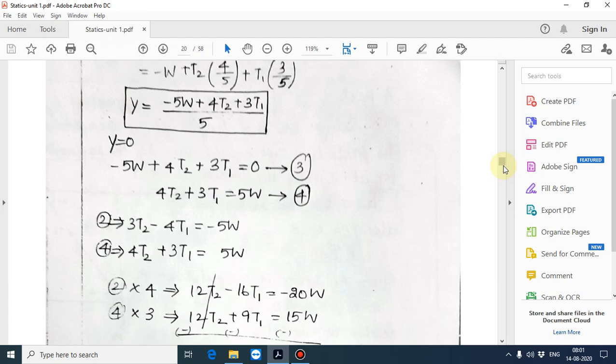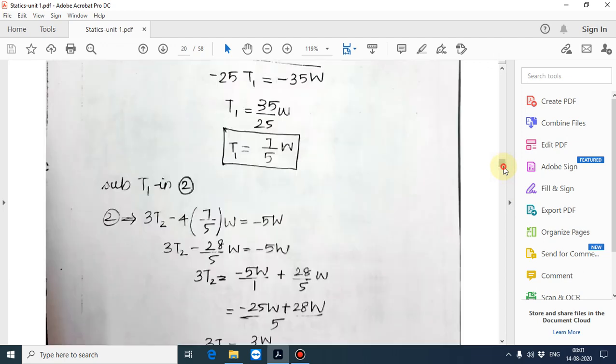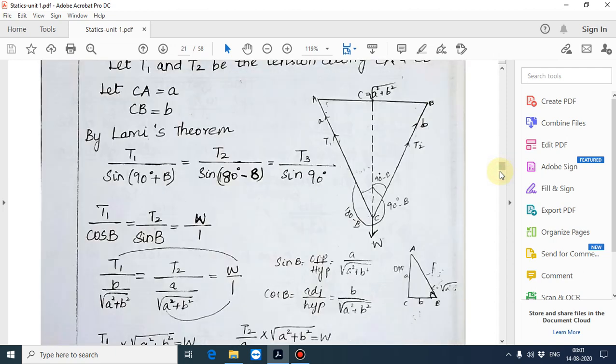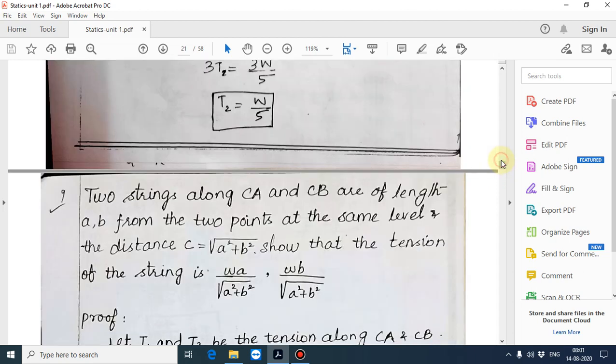You see the next problem. Two strings along CA and CB are of lengths a and b from two points at the same level, at distance c equal to square root of a square plus b square.